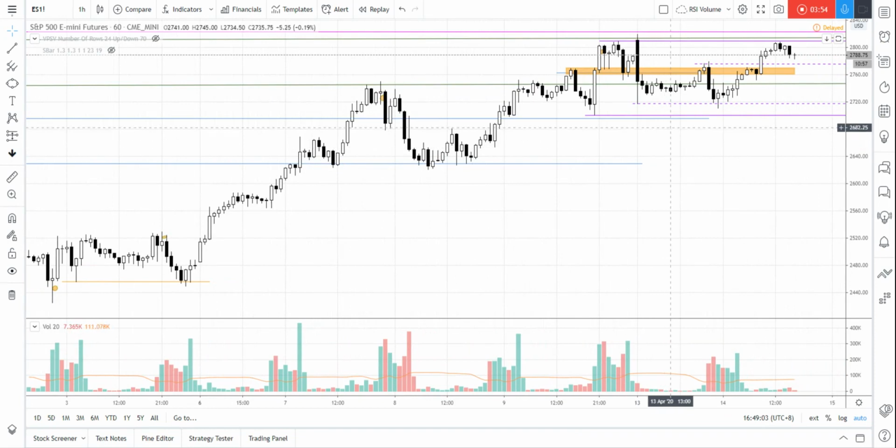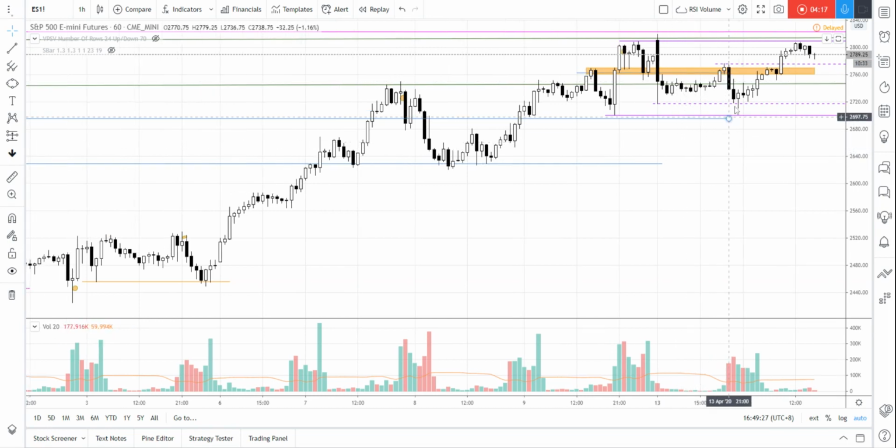I'll also mark down the non-RTH, the non-regular trading hours, that formed during the Asia and also the London, European session. So this is the non-regular trading hours low, and this is the non-regular trading hours high, right before the US session started.